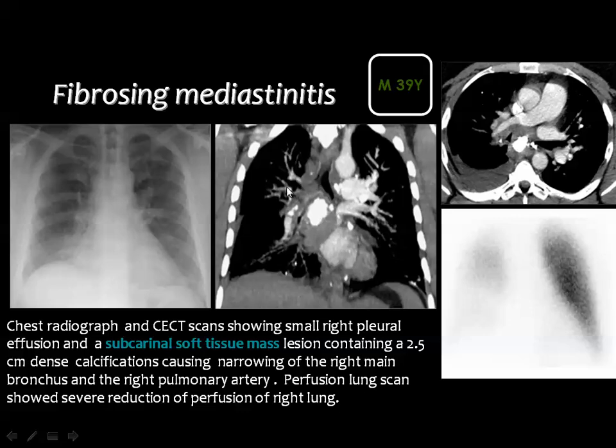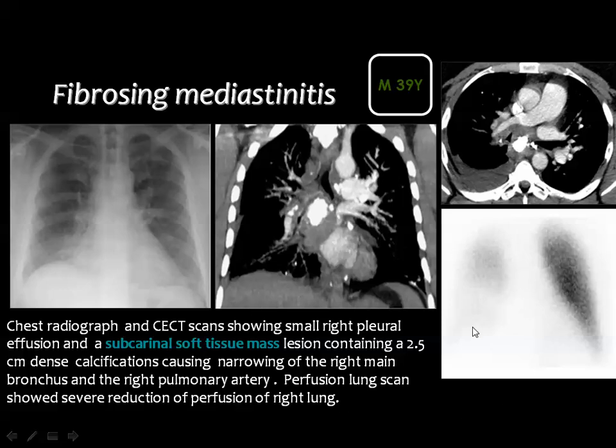This big soft tissue mass with dense central calcification seen in the subcarinal area, encasing or compromising the lumen of the right pulmonary artery, which is reflected on the perfusion scan.